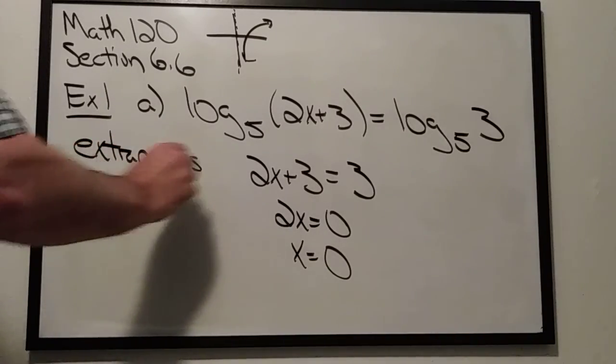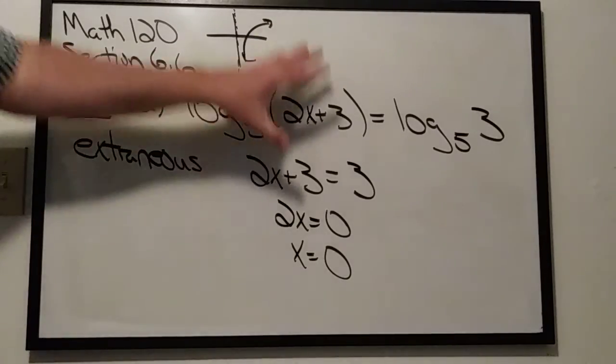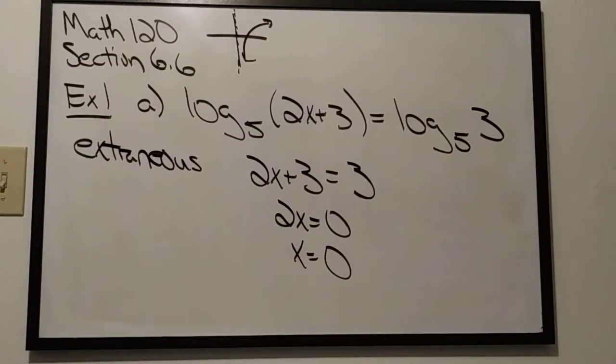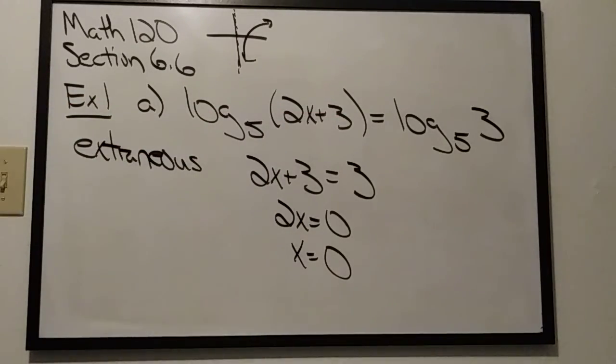Sometimes we're going to have solutions that are extraneous, which means they came out of the process of solving, but they force at least one argument to be negative or 0, so we can't use them. So at the end of every logarithmic equation, you need to double check your answers.